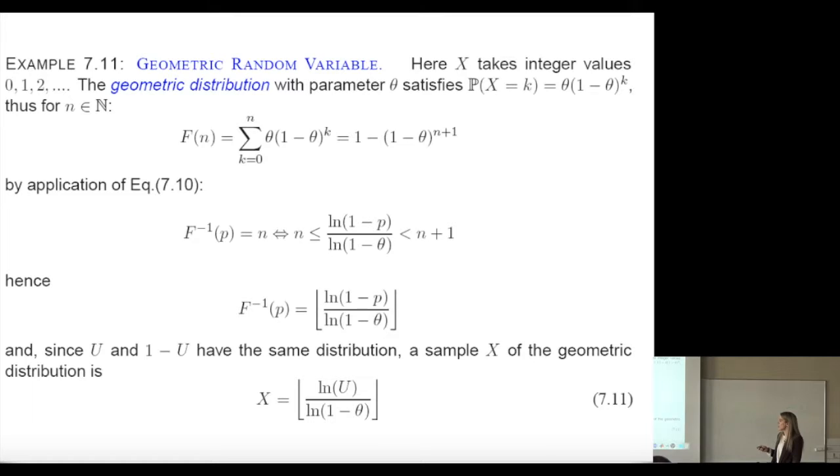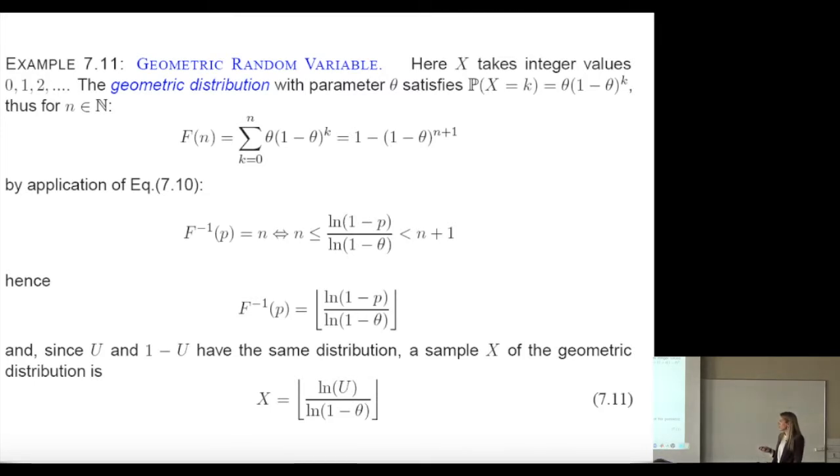So we see that the n we want, the sample of x, is obtained if we take the floor of this quantity. So we have a closed form formula now for the pseudo-inverse evaluated at p. As we said before, in the pseudo-inverse we should evaluate it at u, where u is given by the random number generator.